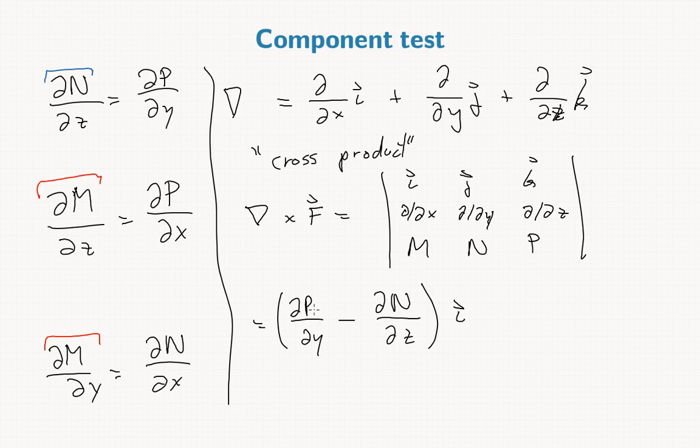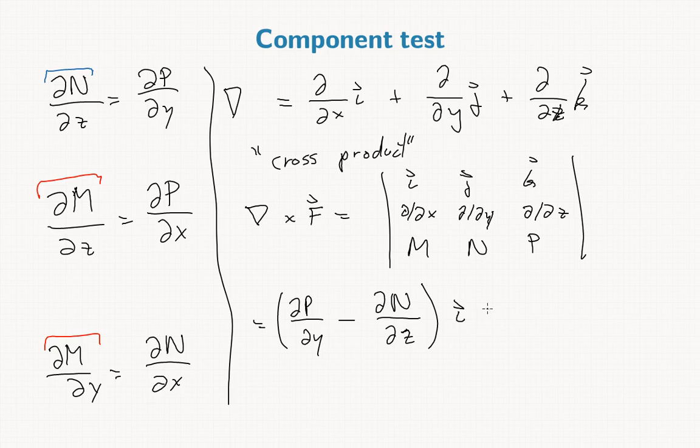Now notice here the p and n correspond to z and y, and then y and z. So we have the variables and components not corresponding to x, which is what i corresponds to.